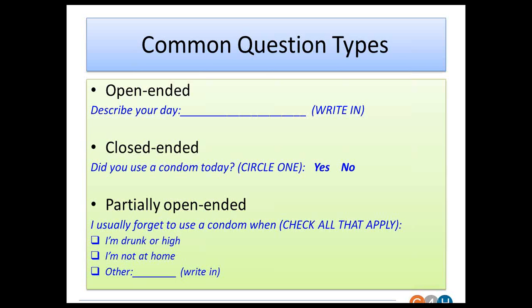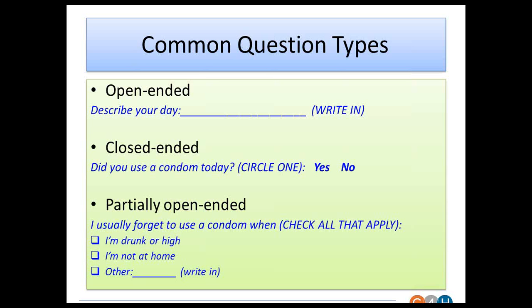So keep in mind that open-ended questions, while they're great and they give a lot of description, can be pretty difficult to score. In other cases, we want to know a specific answer, so we'll ask a closed-ended question. A closed-ended question will give the answer options below them, and the participant can either check them off, circle them, or something like that.